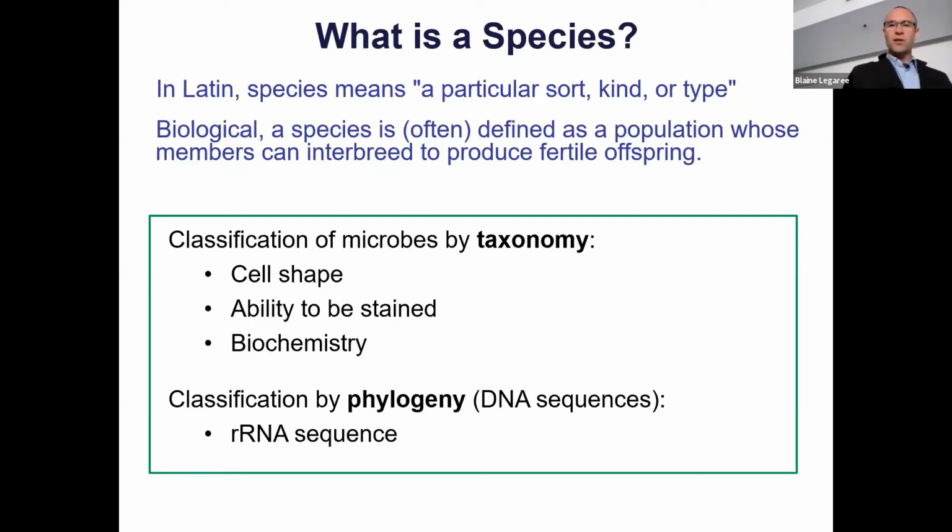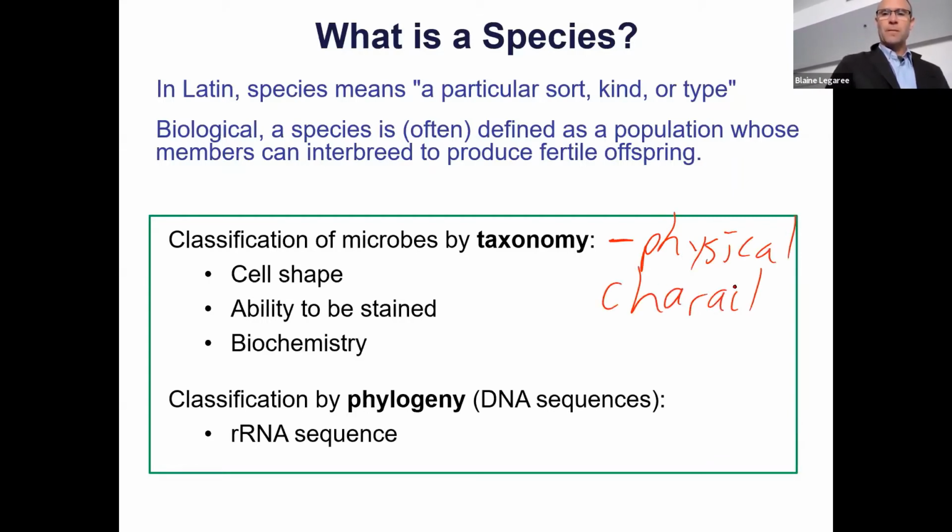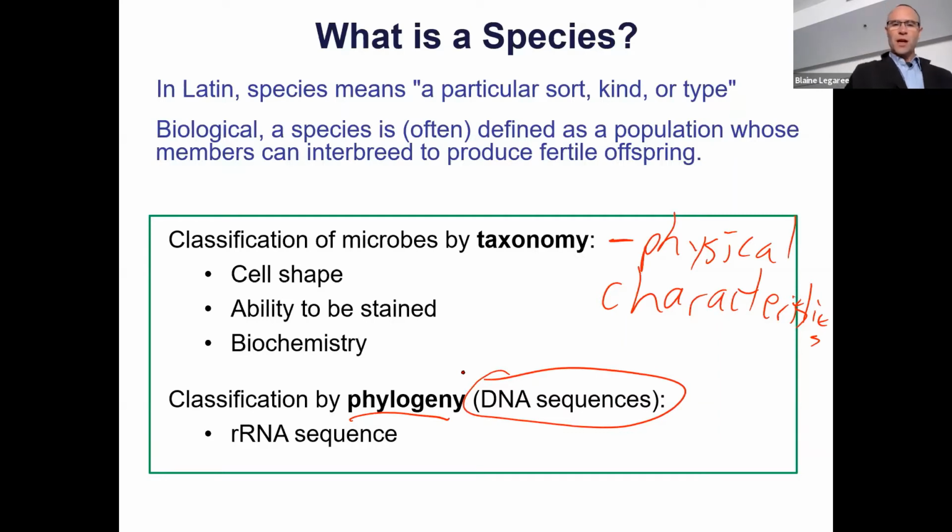Taxonomy has to do with physical characteristics. Sorry about that, I'm just learning how to write with this pen. And phylogeny is relatedness based on DNA sequences. Usually we look at the rRNA. So what is the rRNA? That is the ribosomal RNA.